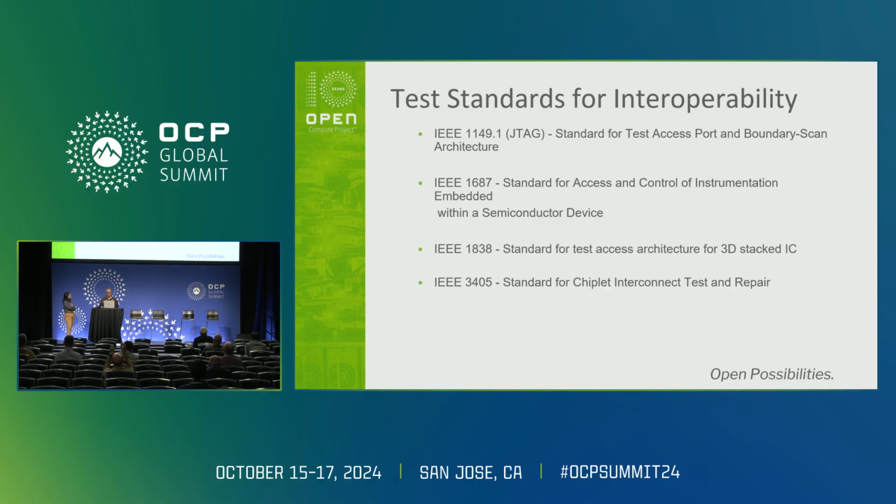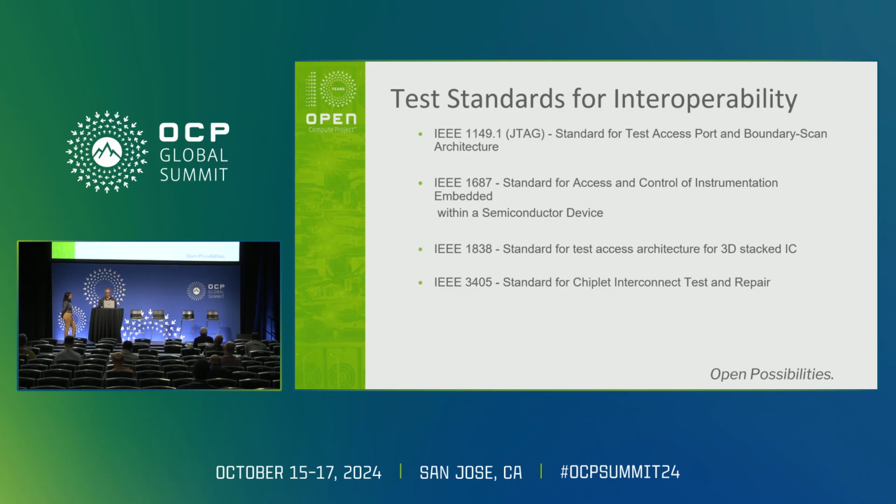So that's why IEEE came out with 1838. But as and when we are building new chiplet suites at smaller and smaller pitches with bigger and bigger interfaces, the probability of failures is increasing. So to get the yield up, we need to have interconnect test, and that's the whole purpose.